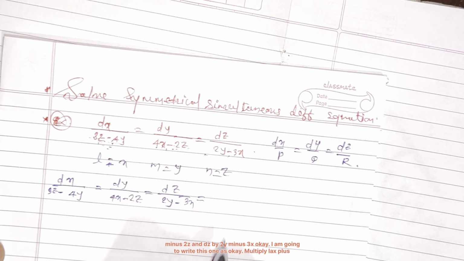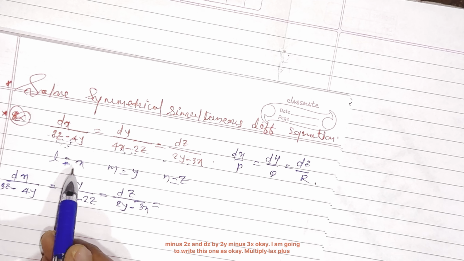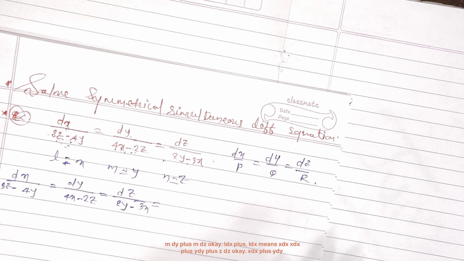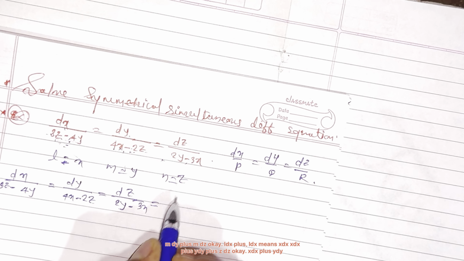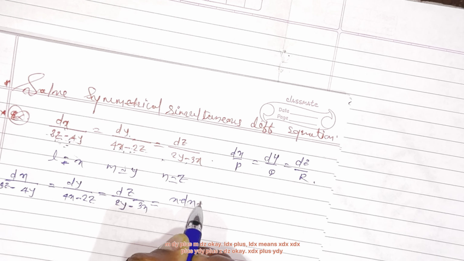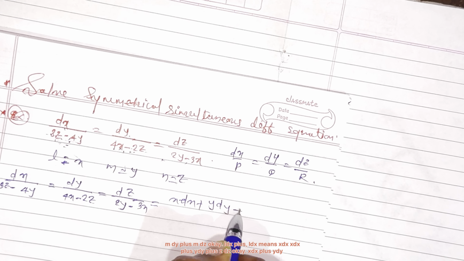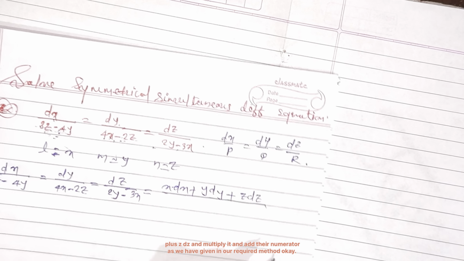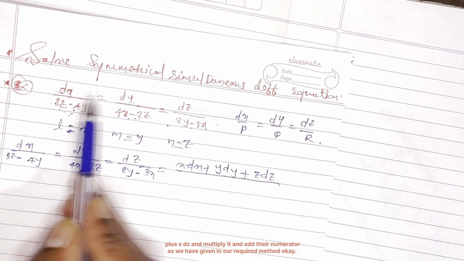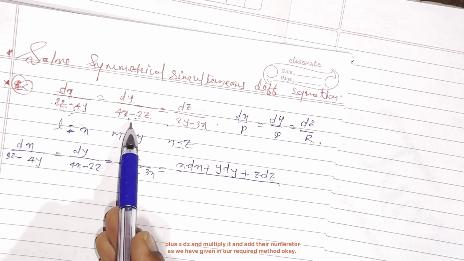Multiplying with L, M, N, we get L dx plus M dy plus N dz, which means x dx plus y dy plus z dz. I multiplied and added the numerators as required in our method.